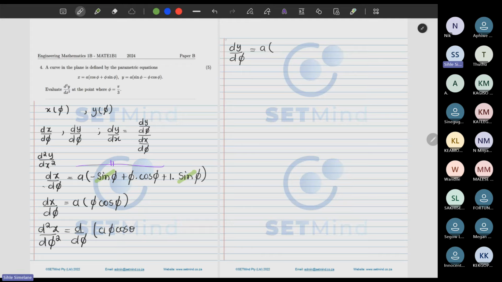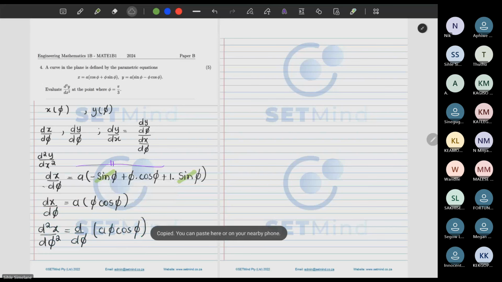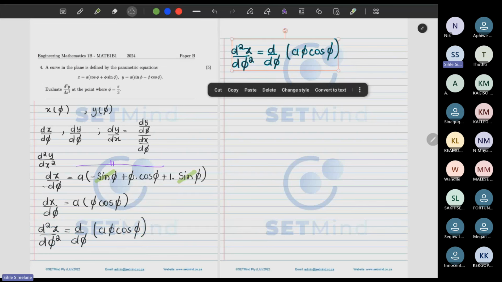So it means I need to do my product rule here. But let me just take it to the next page. Thanks for that. Guys, have a look at my working. At times I make very silly mistakes, mistakes that will cost you in the exam.